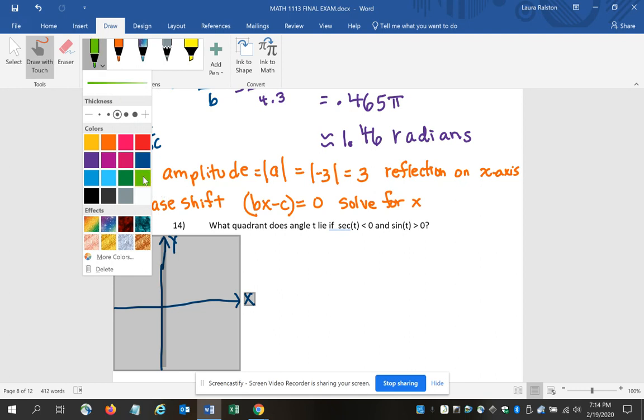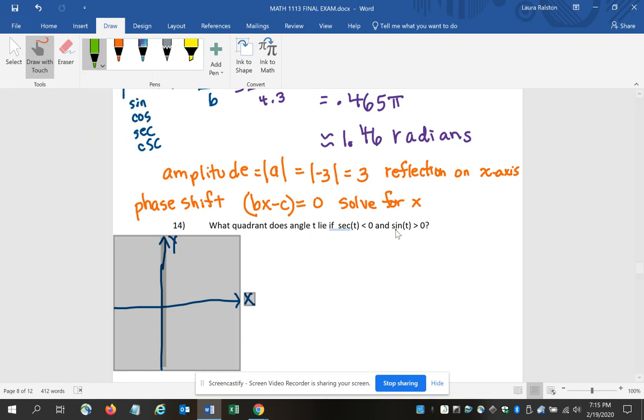And so then I have to think about angle T, and I'm going to start with the fact that sine of T is greater than 0. This is kind of a logic, reason-it-out problem. If the sine of T is greater than 0, that means the sine value is positive.